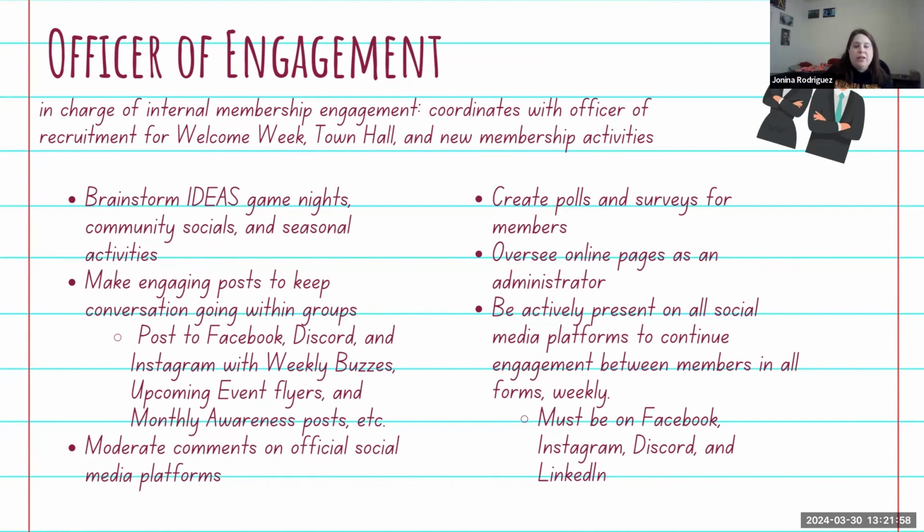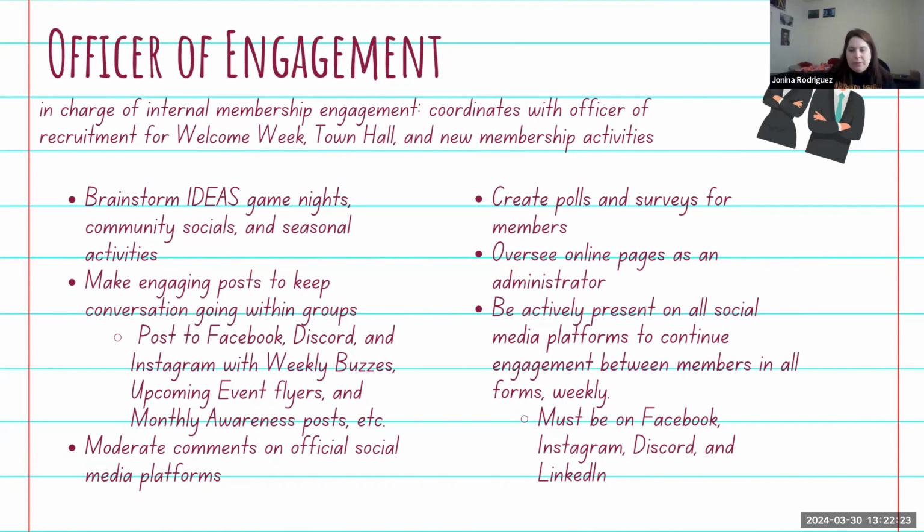She'll help create surveys. She oversees our online pages. So she has admin privileges to our Instagram, our Facebook, all that, just to make sure that she's able to engage with people. If they comment on something, they ask a question, we need a post added for someone on Facebook. And then one main thing of this role is that you have to be active within our social media.